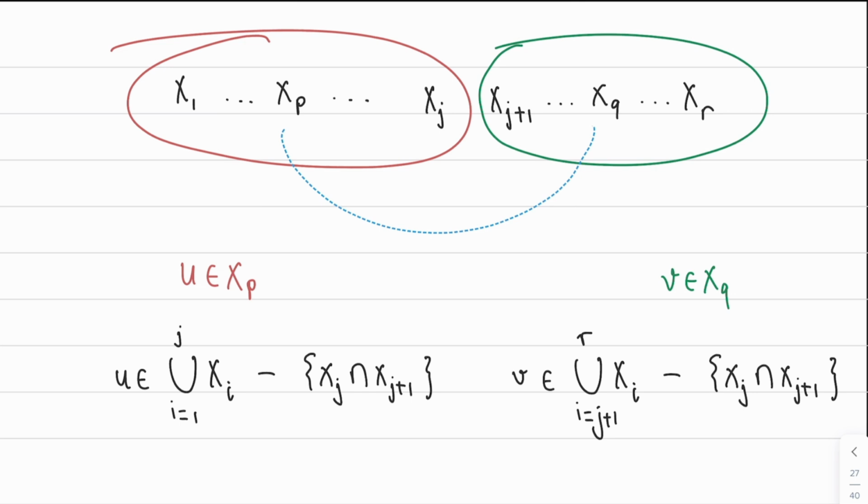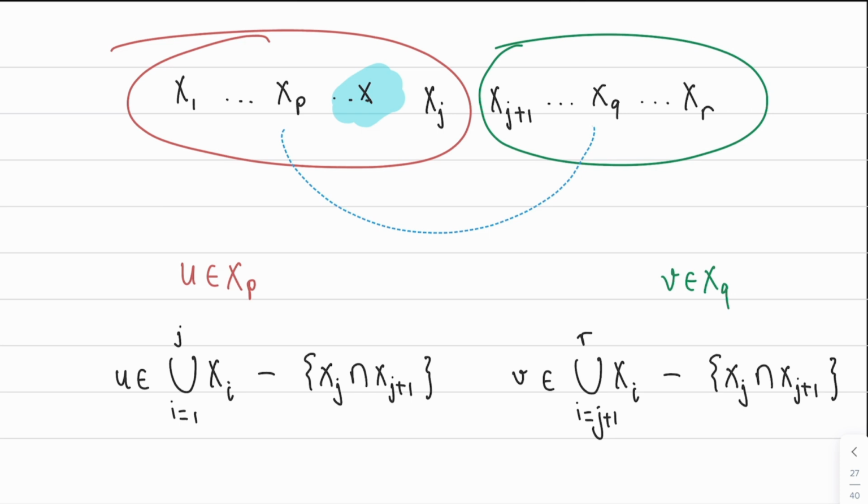Now that we have identified which bags u and v belong to, let's also use property B of a path decomposition, which says that there must be a bag that contains both u and v. Now this bag must be somewhere. It's either in the red set or in the green set. By symmetry, both cases work out the same way. So let me just assume that the bag that contains both endpoints of the edge uv is on the red side.